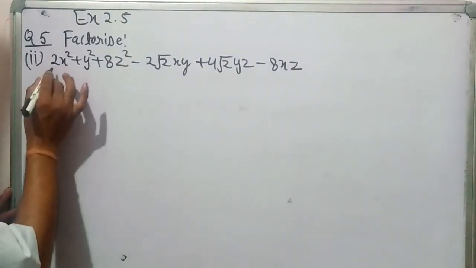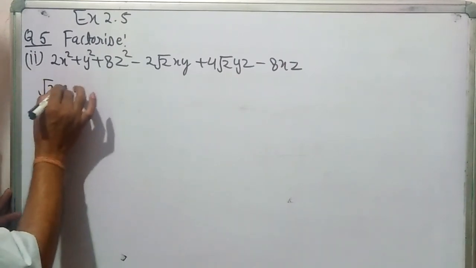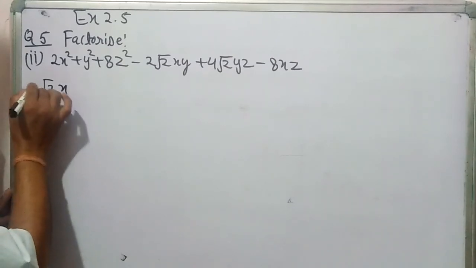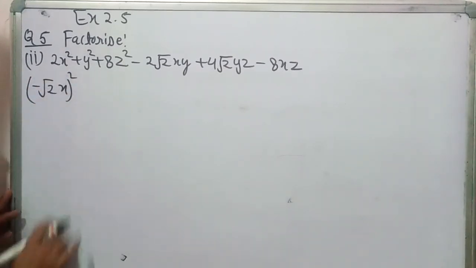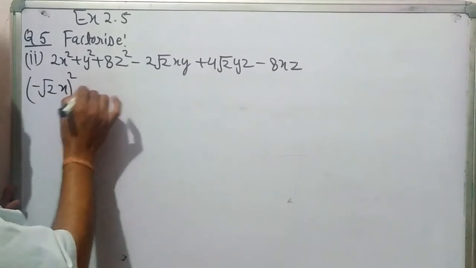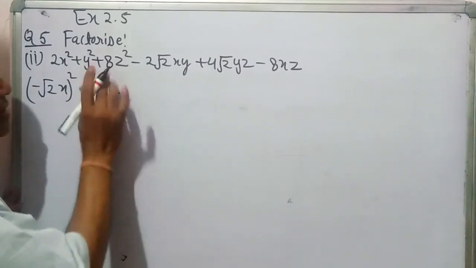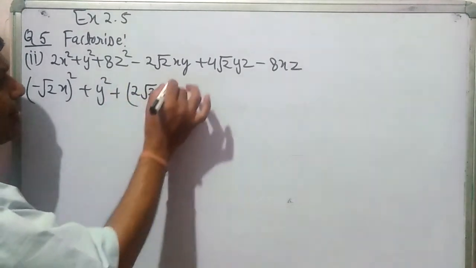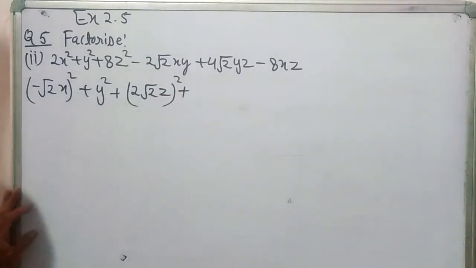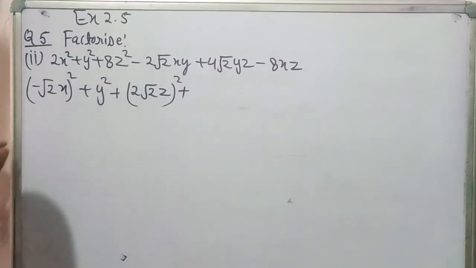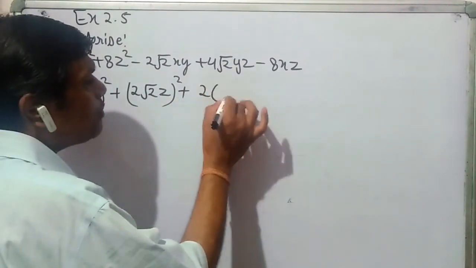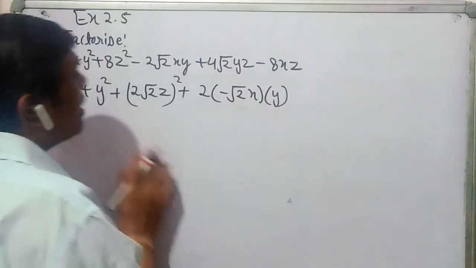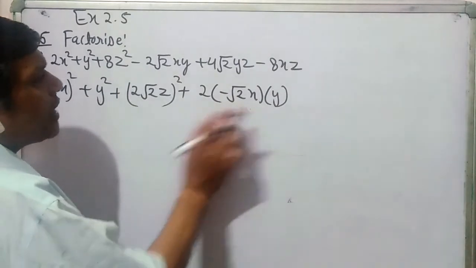What we have over here, 2x square is in fact twice x root 2x square, and this we have identified as negative. Y square is y square as such, 8z square is twice root 2z square. Let us put the other terms. Twice xy term should be 2 into minus root 2x multiplied y. That gives us 2 root 2xy.